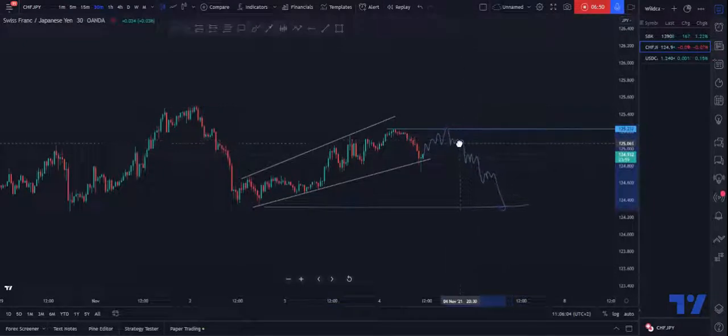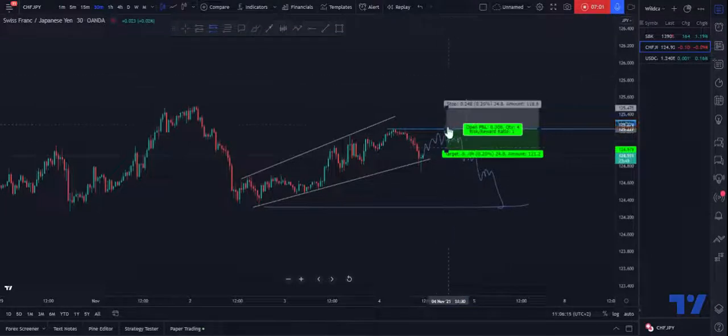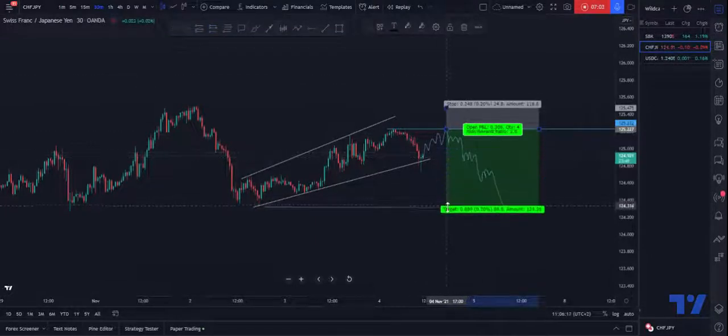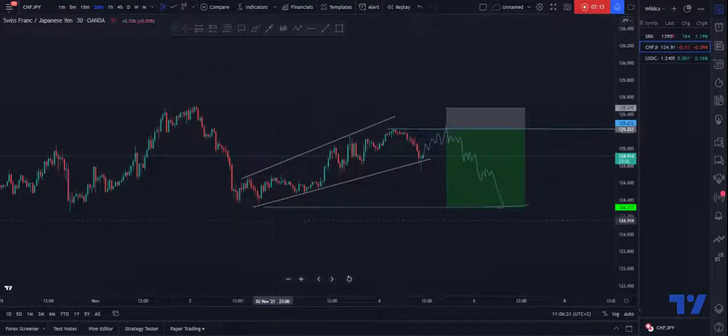I'll be glad if price actually rejects this area to give me that beautiful short, and I'll be happy to take a risk entry on this, giving us a 1% risk to a 3.67 reward.